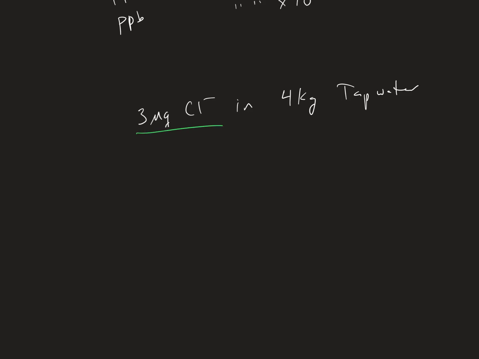This is my solution. So 3 micrograms of chloride over 4 kilograms of solution. This is mass and this is mass, so they have to be the same unit. Let's convert everything to grams. Is that okay?